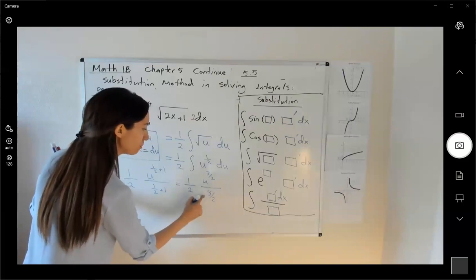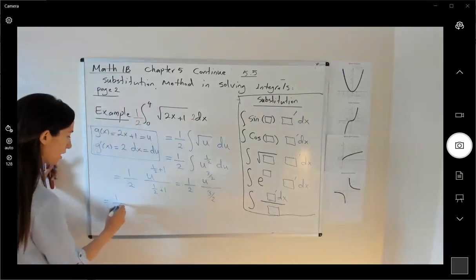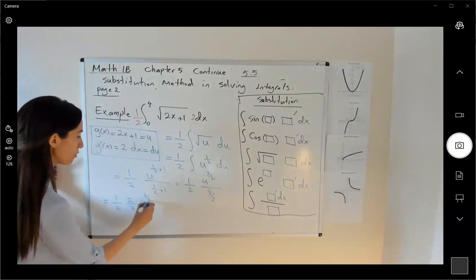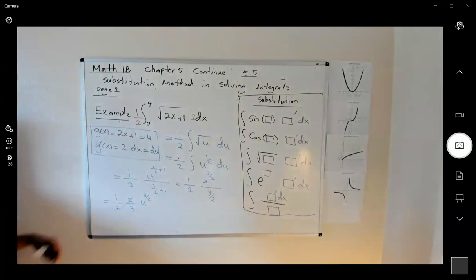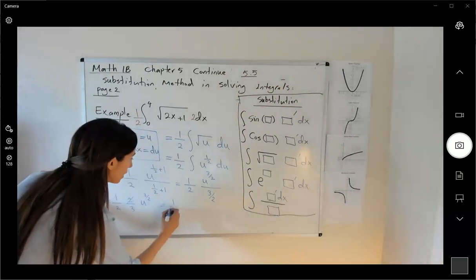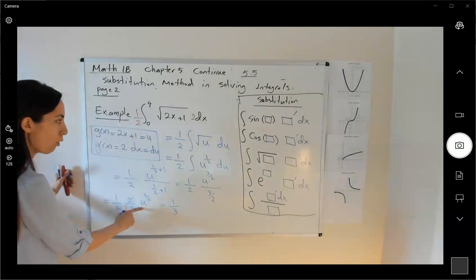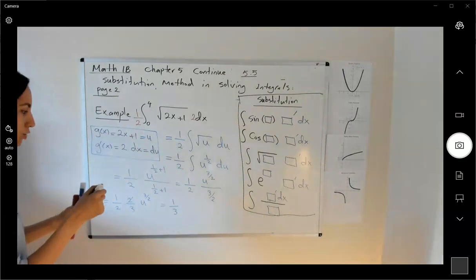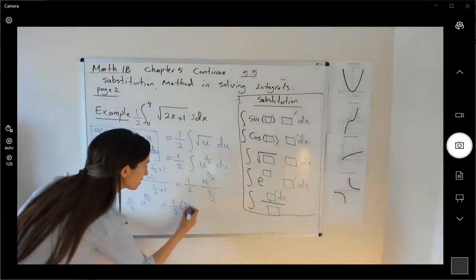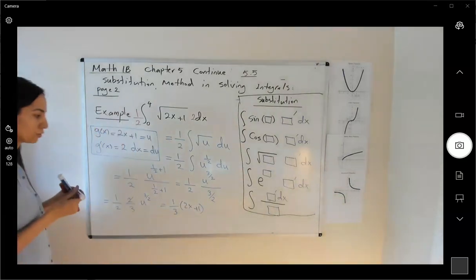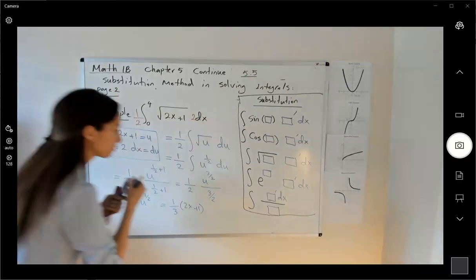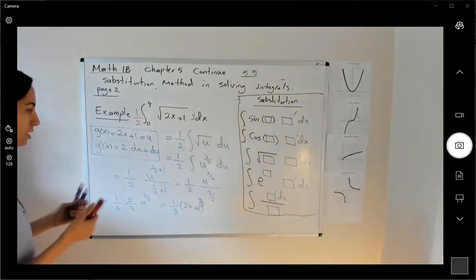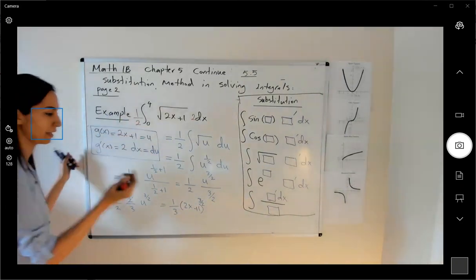You can flip this to get a half times 2 over 3 times u to the 3/2. You can cancel out 2 and 2. This is equal to a third. Now, what was u? u was 2x plus 1. So I'm going to write down 2x plus 1 instead of u, raised to 3/2, and then evaluate the integral when x is 4, then 0.